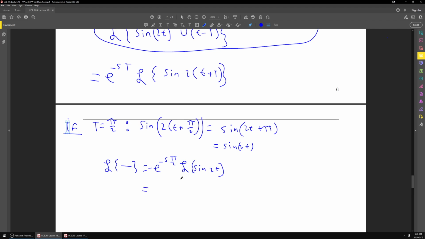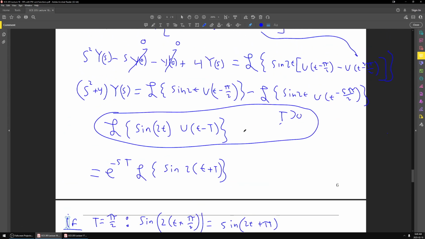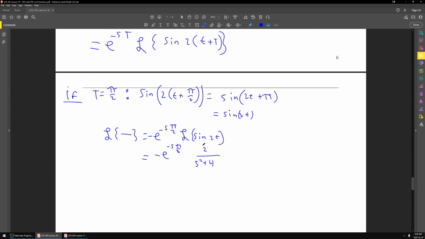Sine of 2t is one of the common ones in our list that we totally should memorize. This gives me 2 over s squared plus 4. You will get the list, but it's nice to have it there. So this is dealing with the first term, and the whole term I'm boxing in now will simply become this expression written here.